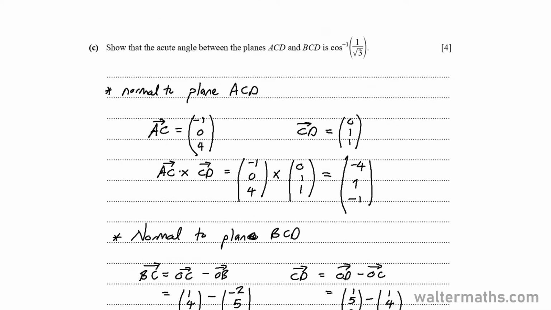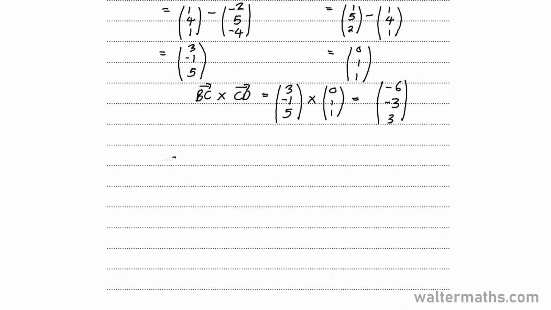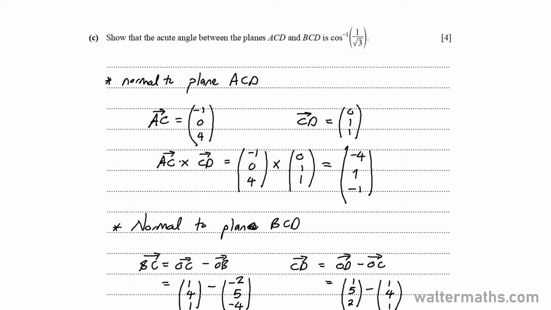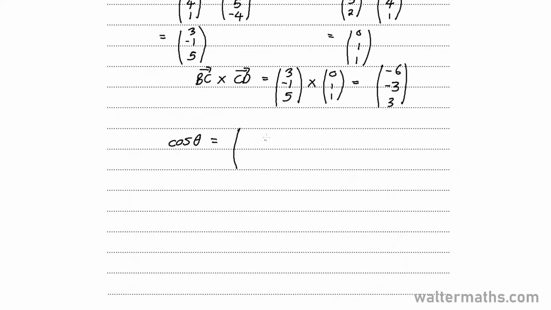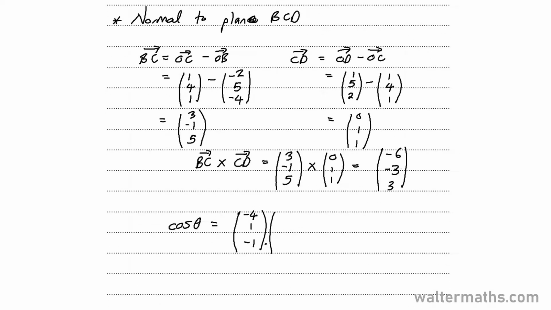So now that we have the two normals, we can apply the formula. So we're saying here, cos theta is equal to the normal to the first plane. We got that to be minus 4, 1, and minus 1. And it's dot the next normal, which is the normal of the plane BCD, which we got to be minus 6, minus 3, and 3.